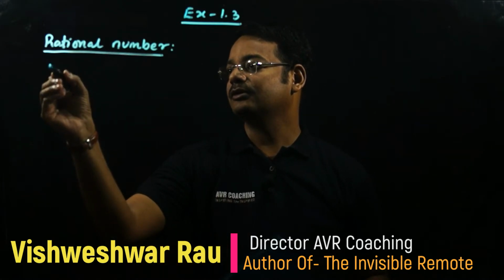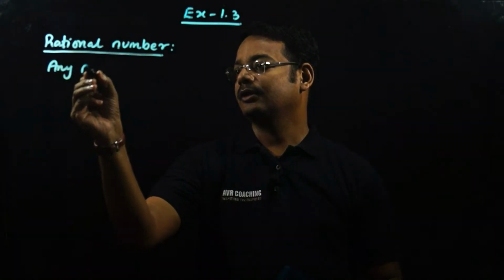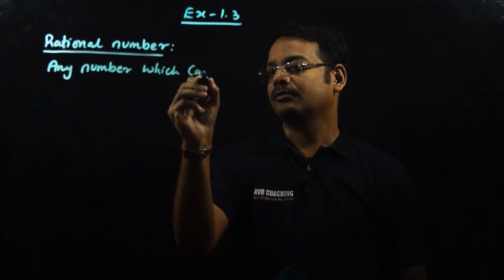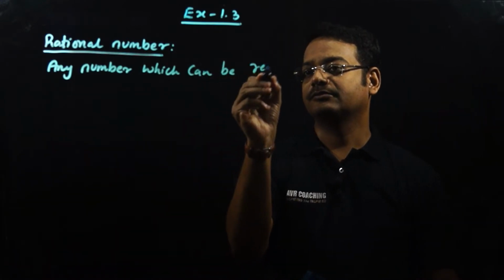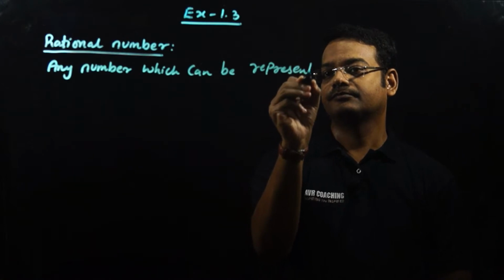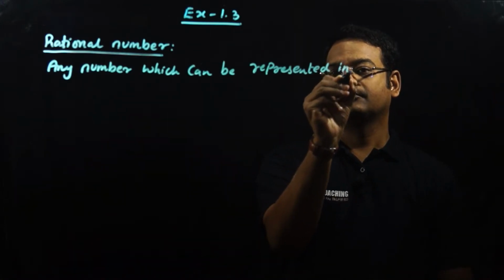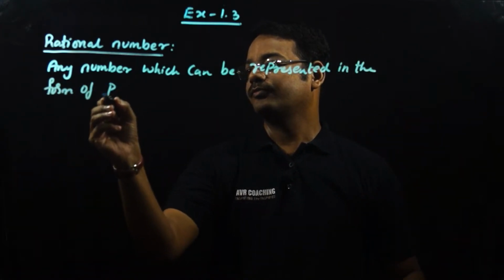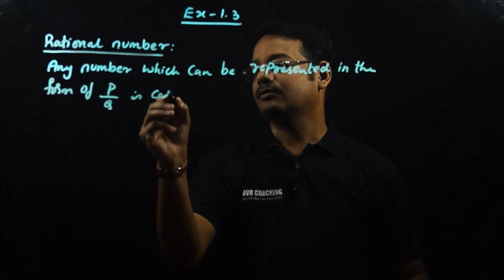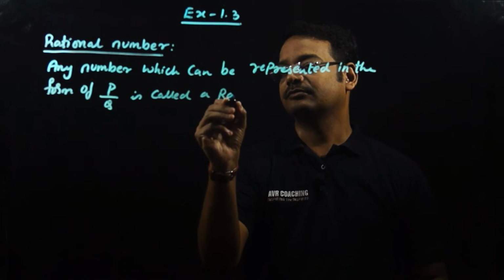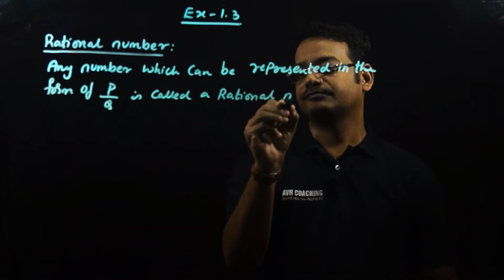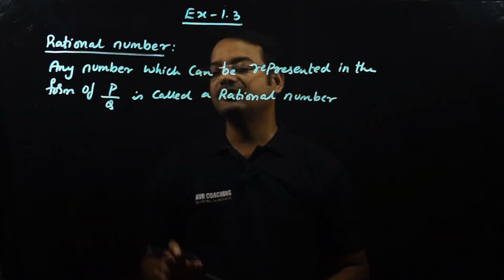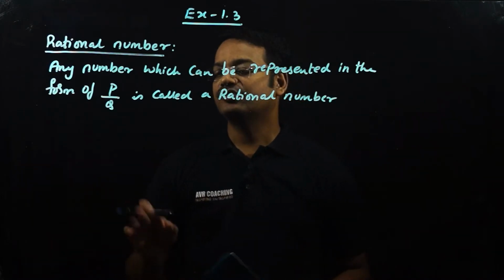Any number which can be represented in the form of p by q, that is in the form of a fraction, is called a rational number.